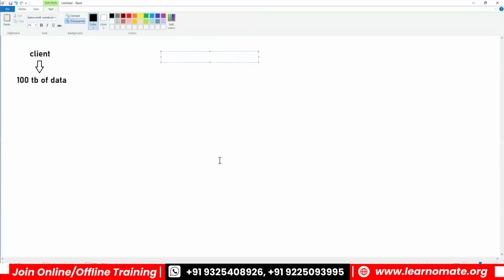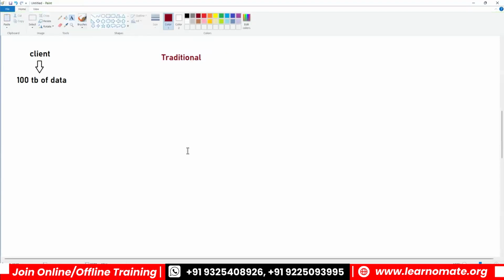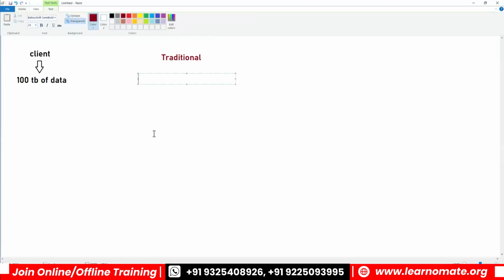Nothing but traditional, right? So in the traditional methodology, if you wanted to store this 100 terabytes of data, how do you store it? What are the steps involved? You'll need a server and memory.